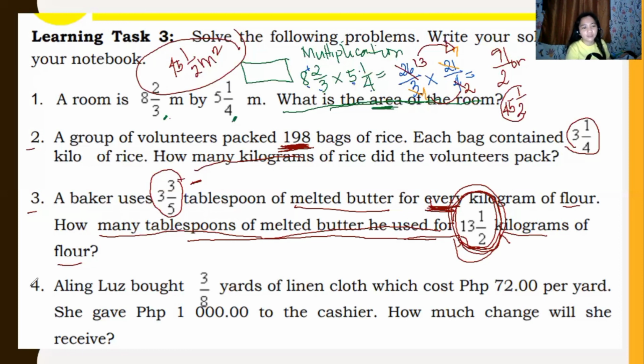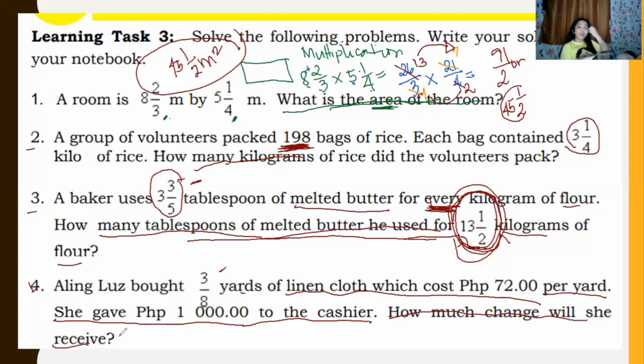Now, in number 4, we have Aling Lusing or Aling Luz bought 3 yards of linen cloth which cost 72 pesos per yard. She gave 1,000 pesos to the cashier. How much change will she receive?